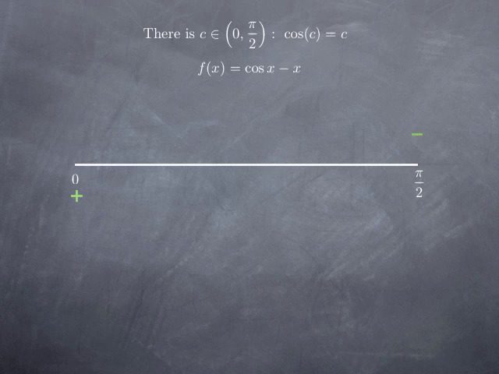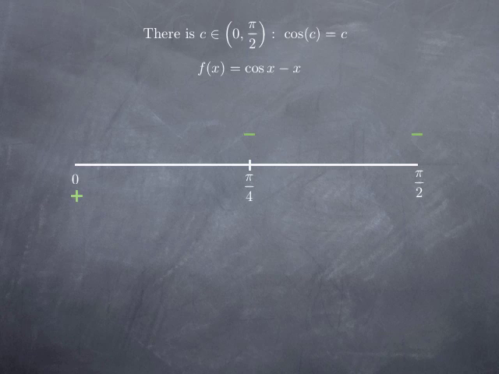So that tells us that we know that there is a solution and we know it up to pi over 2. The possible error is up to pi over 2. Now, if we want to do better, we could, for instance, take the midpoint, pi over 4, plug it in the function f, and we would get something negative.